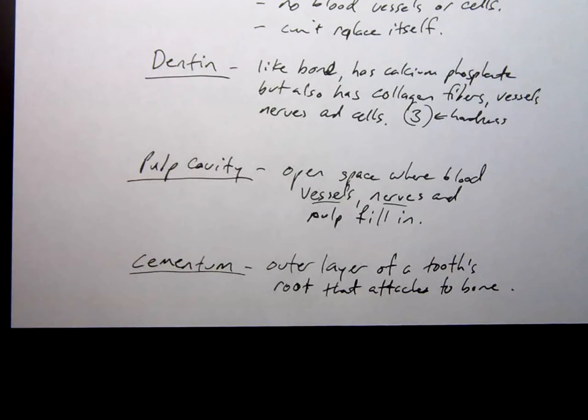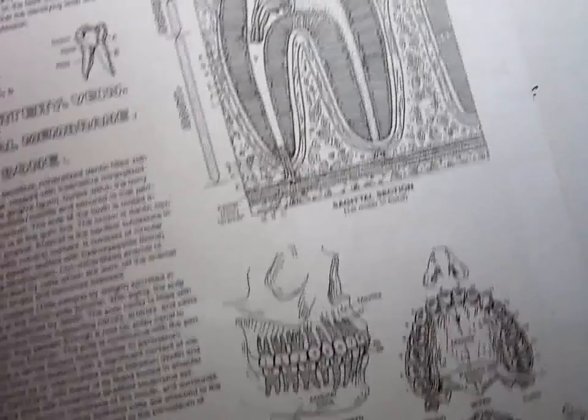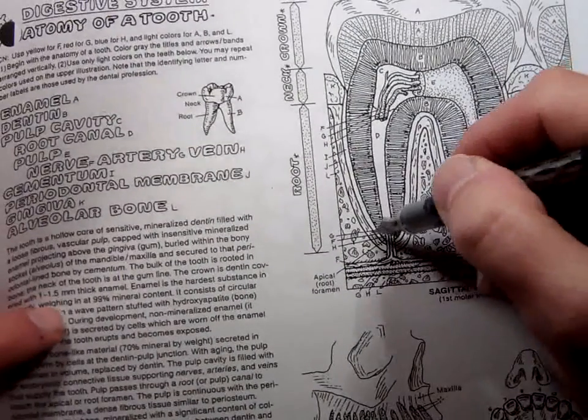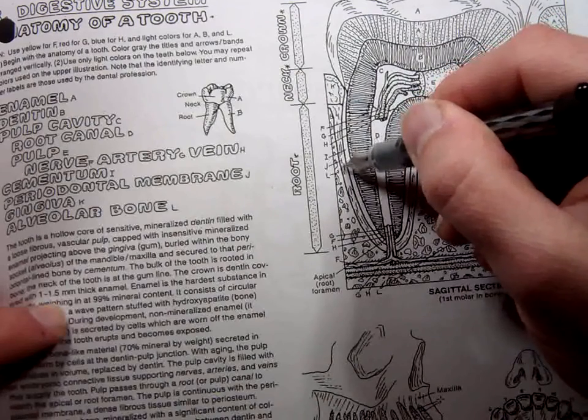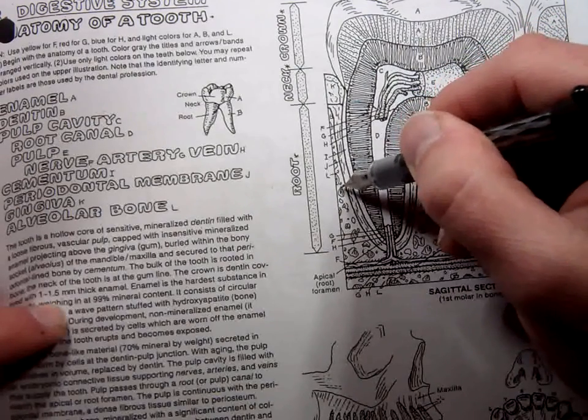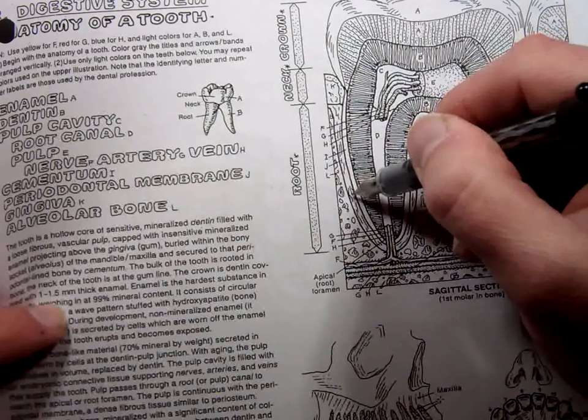Because remember, tooth is a lot like bone. So what is the type of structure that holds a bone to another bone? What do we call that? Like in your knee. Tendon is muscle to bone. A ligament. What actually attaches our tooth to the alveolar bone is something called the periodontal ligament, sometimes called the membrane. But here's the cementum, here is the ligament that attaches, and here's the bone right there. So that's what's actually holding the tooth in place.